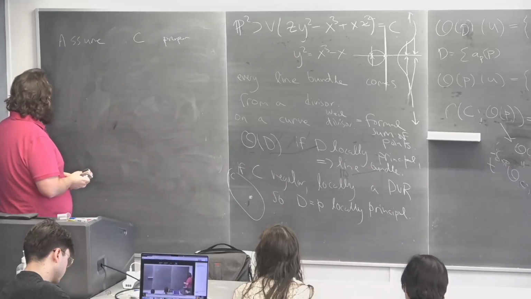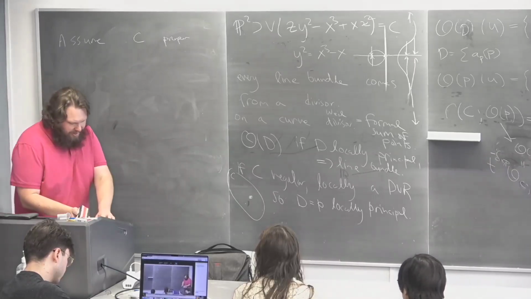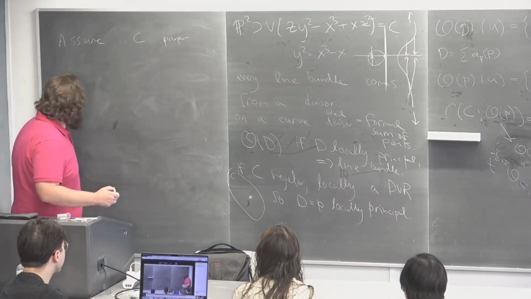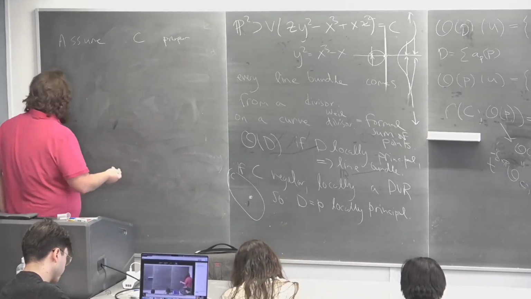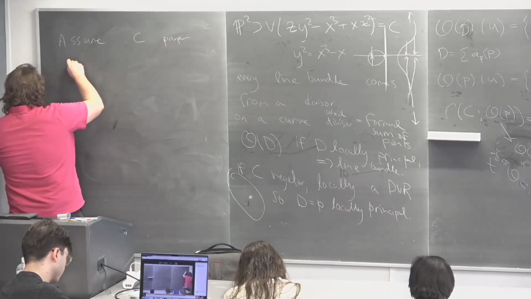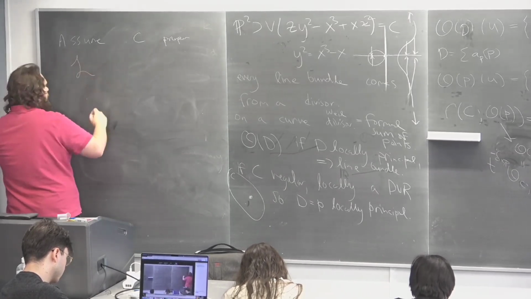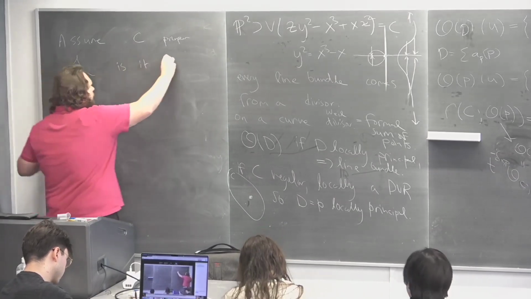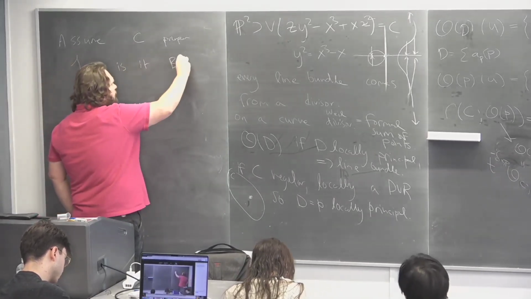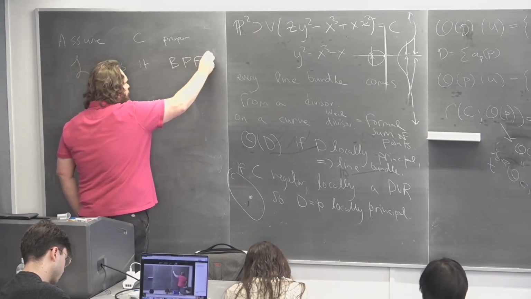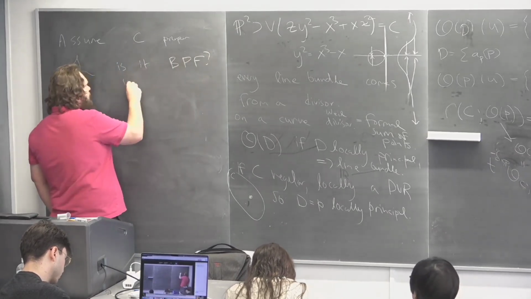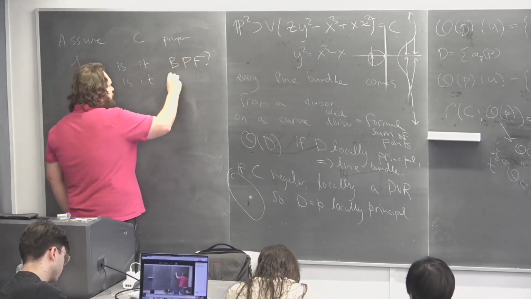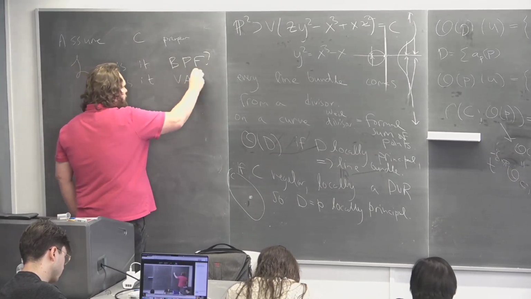Okay. Well, let me just state this now and we'll talk more about it next time. So given a line bundle, I want to ask, is it base point free? Is it very ample?